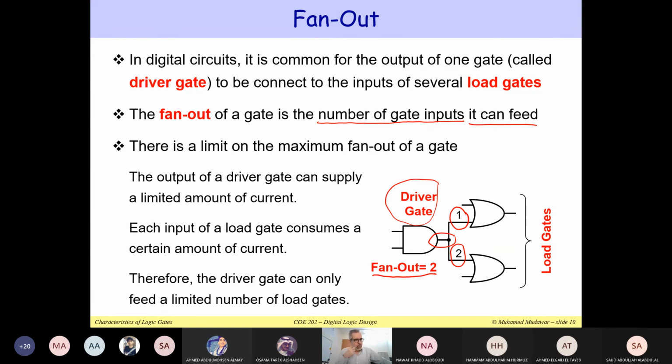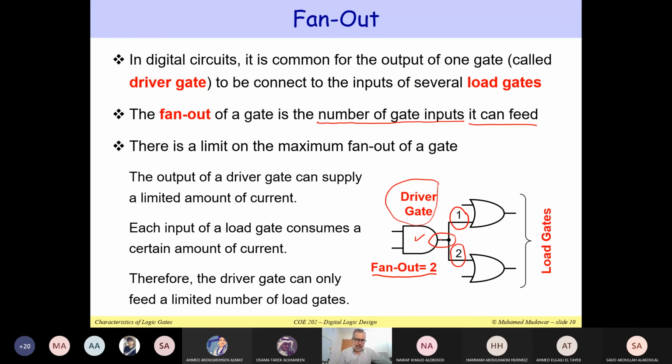Is this a problem? Well, it turns out that yes, it is a problem. Why? Because each gate has a limited amount of current it can supply. This AND gate, which is shown here, can only provide a limited amount of current.